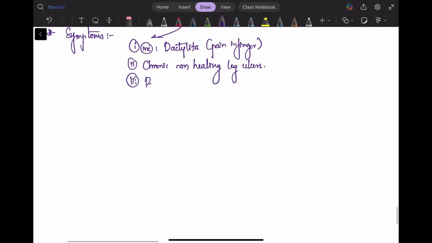Then we have priapism, and acute chest syndrome, very important.